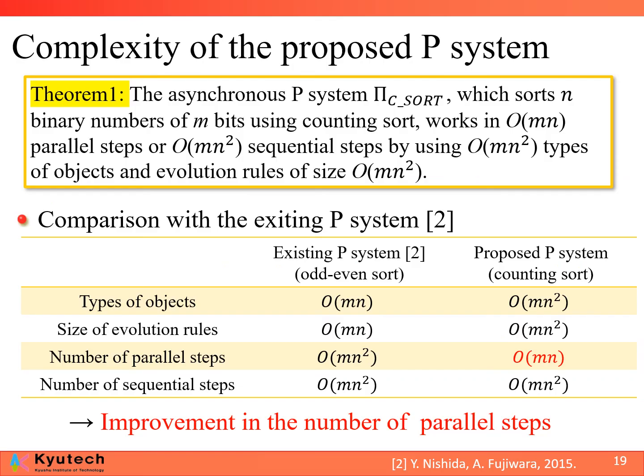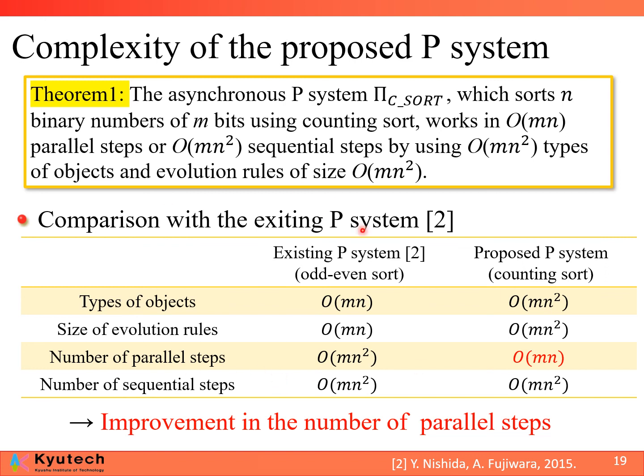Now I'll show the complexity of the proposed P system. We can obtain this theorem for the proposed P system. The asynchronous P system, Π_sort, which sorts n binary numbers of m bits using counting sort, works in O(mn) parallel steps or O(mn^2) sequential steps by using O(mn^2) types of objects and evolution rules of size O(mn^2).